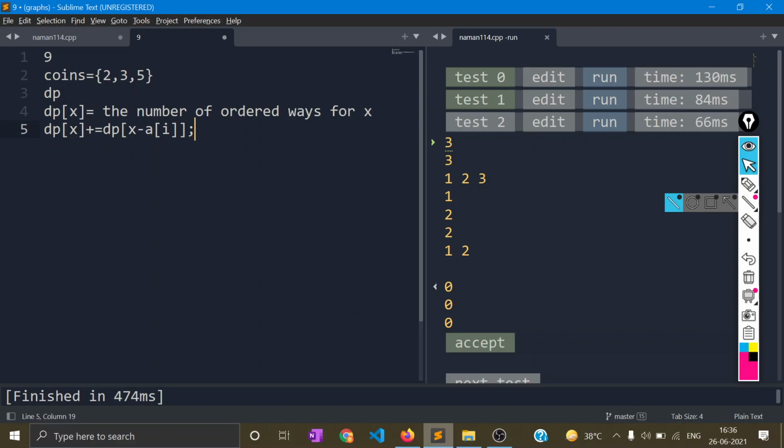So if everything is the same, how is it different? The way in which we fill our DP array would be different.